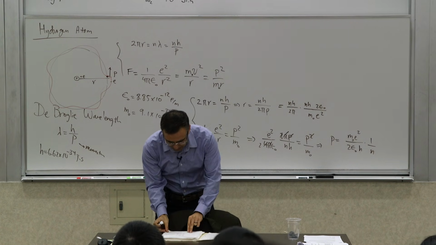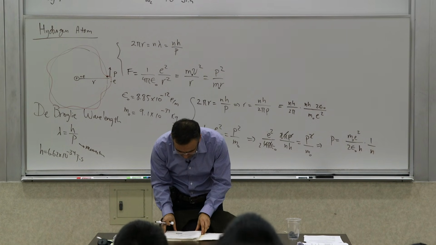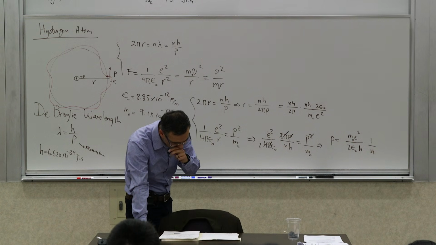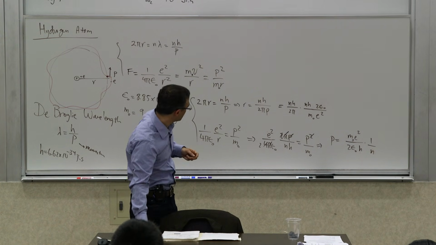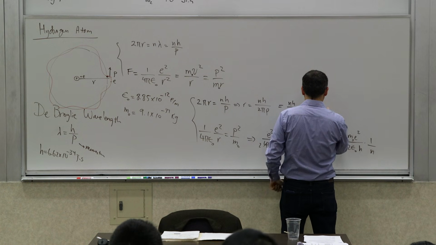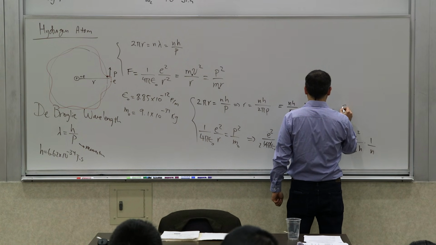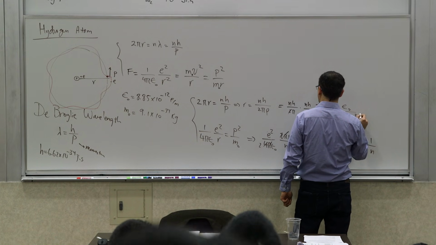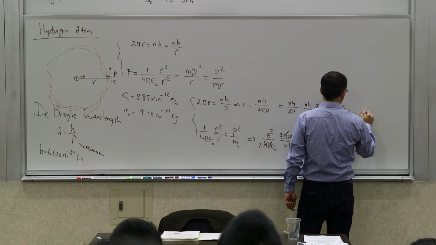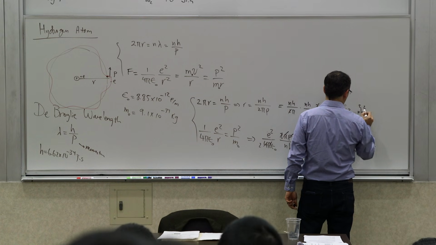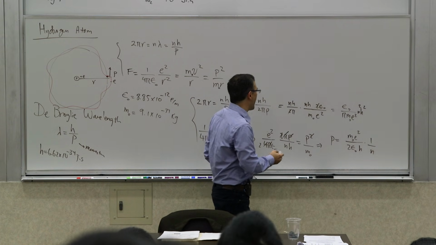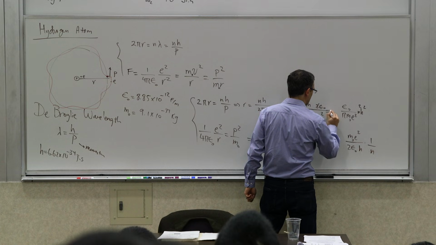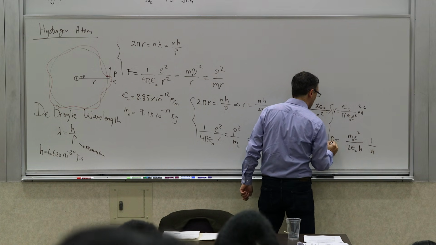Let me double check. No, actually I haven't made a mistake. No, that's good. So these twos cancel. I'm left with epsilon naught over pi m0 e squared, n squared h squared. So we have the r, let's write it this way, and p.